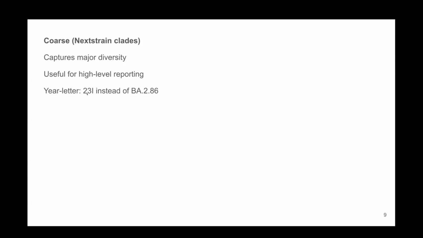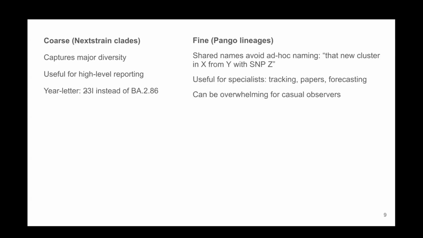And we use these year-letter clades to make it very quick to identify when something is from. They're very useful for high-level reporting. The other are the fine Pango lineages, of which there are more than 4,000 now. In comparison, there are only about 30 to 35 Nextstrain clades.